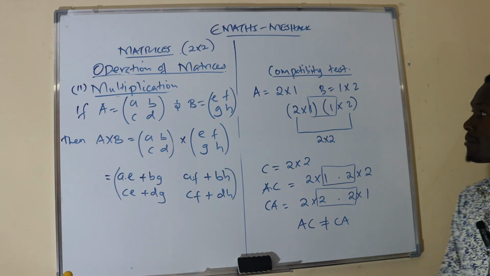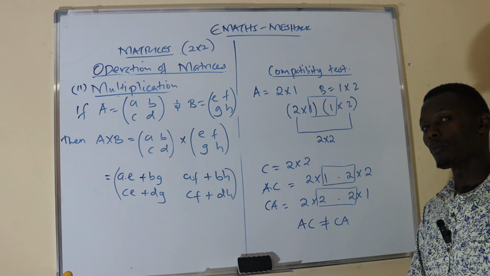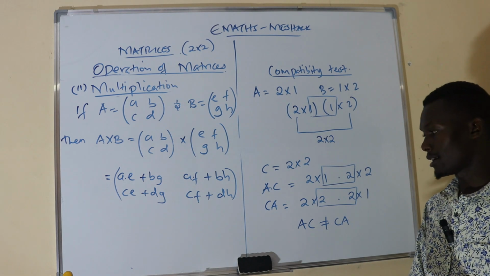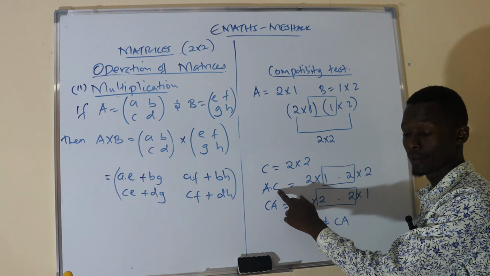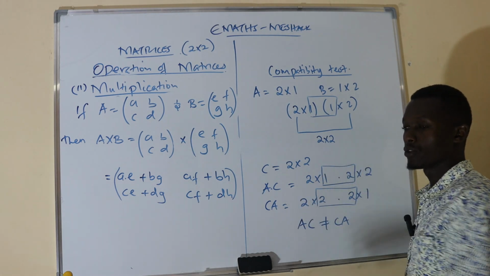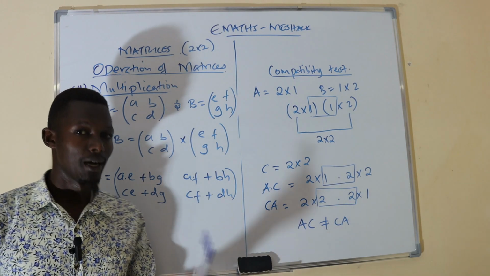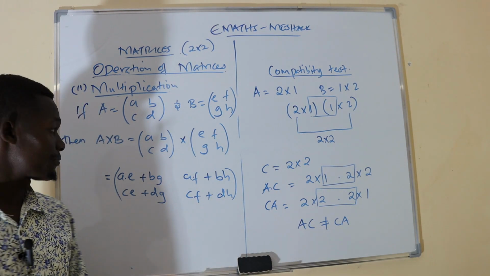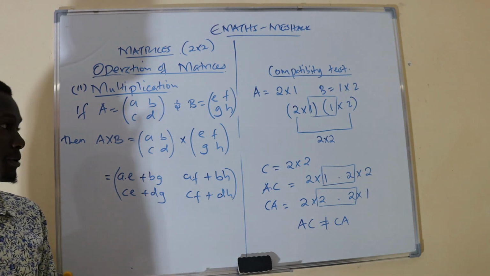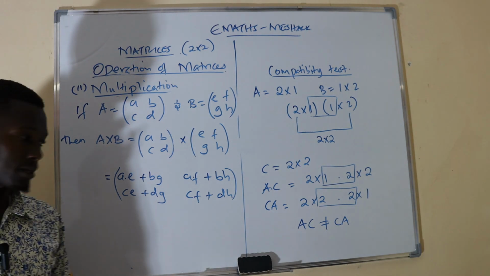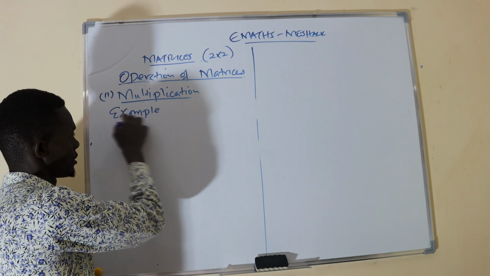In fact, even if A and C are compatible and you change the order and the positioning, starting with A then C, versus C then A, you shall find that the two outcomes are not the same. So we can check a few examples on this and see how multiplication is basically done. This is an example.